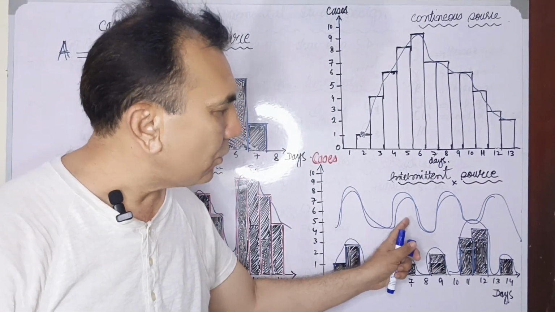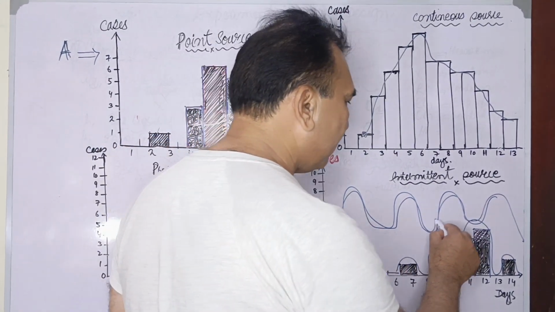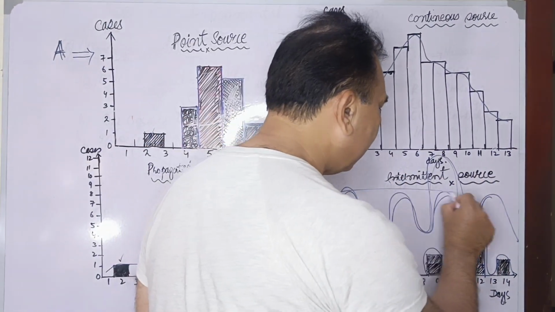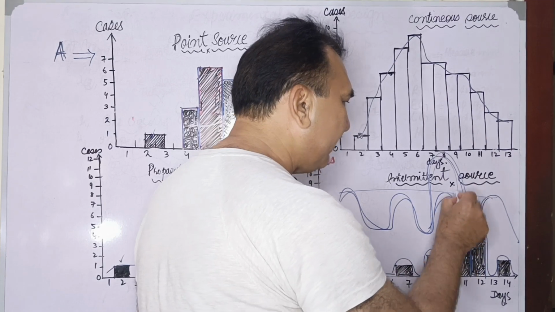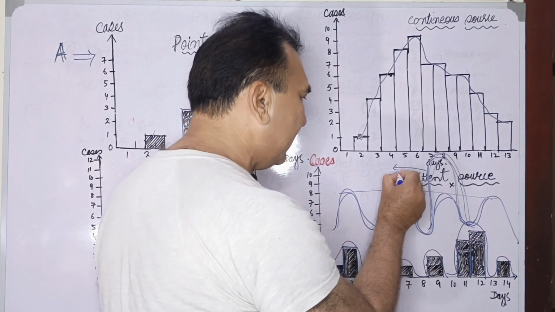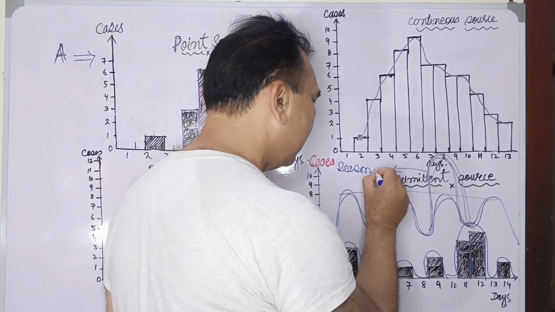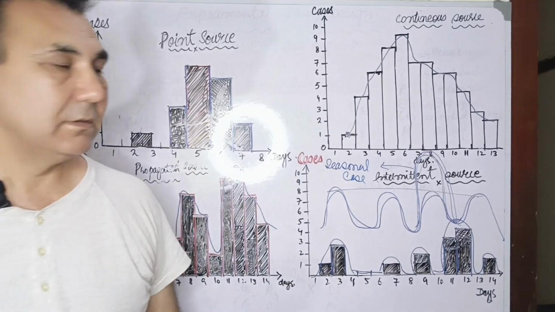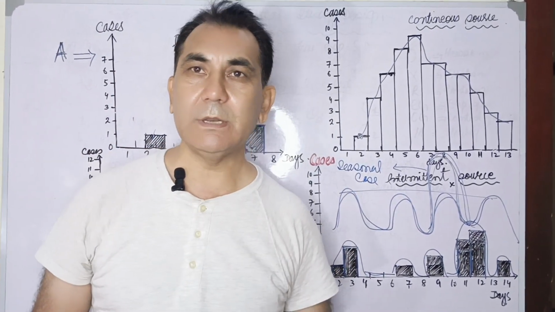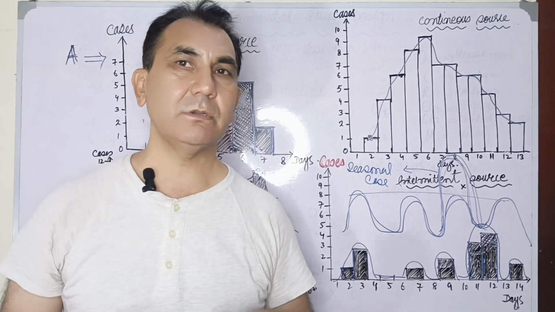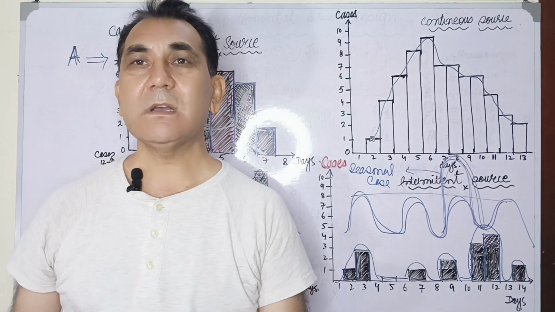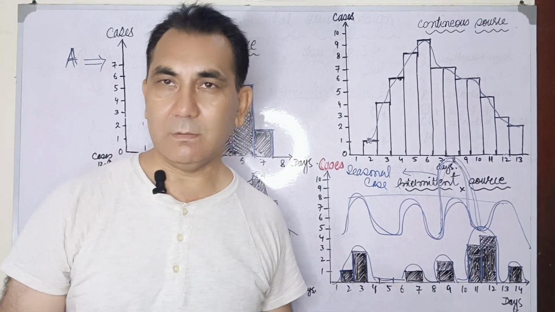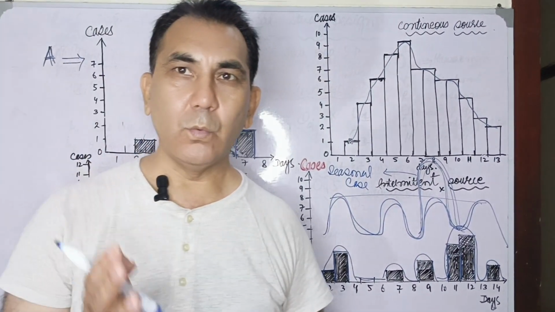And this intermittent source may sometimes increase more than the expected number of cases and become an epidemic at some time, and this may be a seasonal epidemic. The seasonal epidemic is most common in the winter season. Upper throat infection, influenza and pneumonia are seasonal epidemics which are common among children in the winter season.